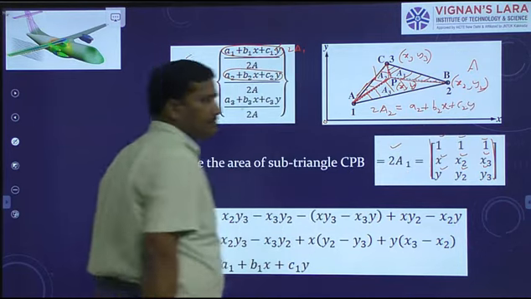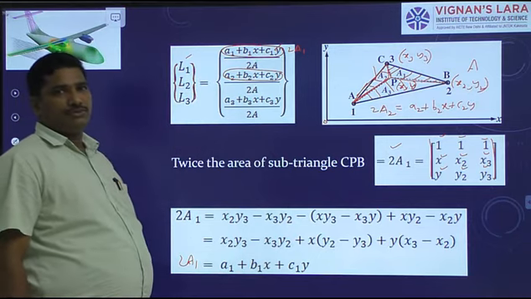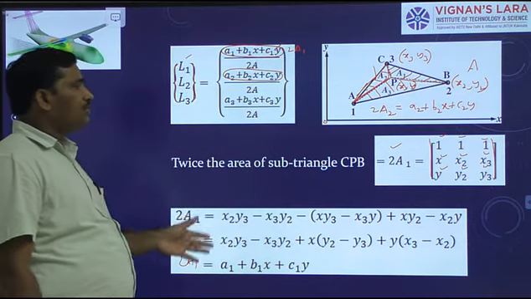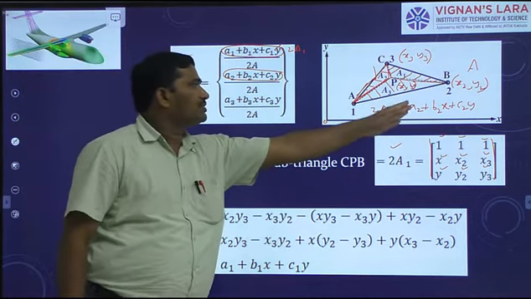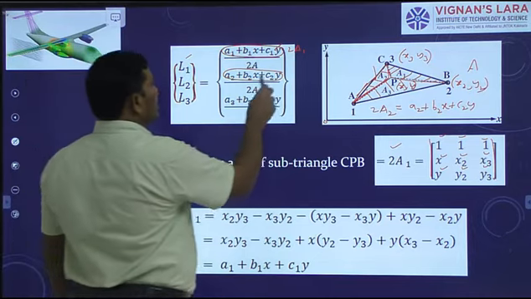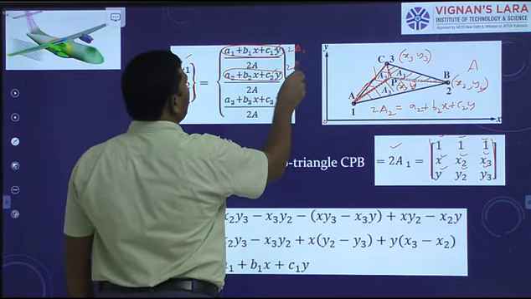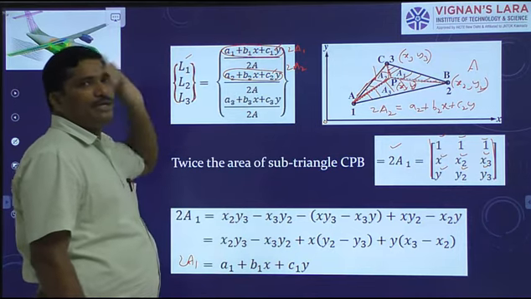You get like this. The procedure we have followed for 2A1, if you follow for 2A2, you get 2A2 equals like this. Therefore, in place of this, you can write 2A2. Then what you get? L2 equals A2 by A.